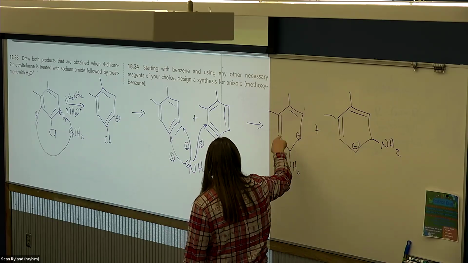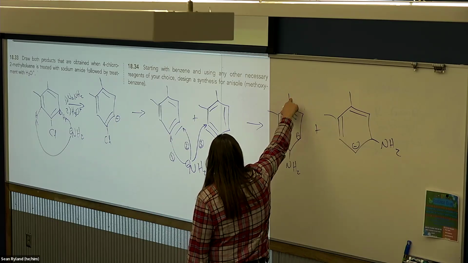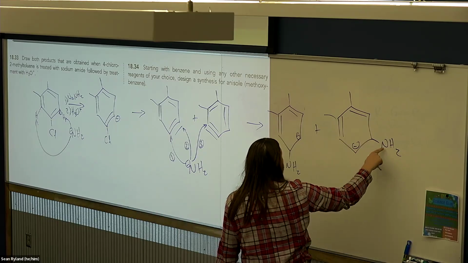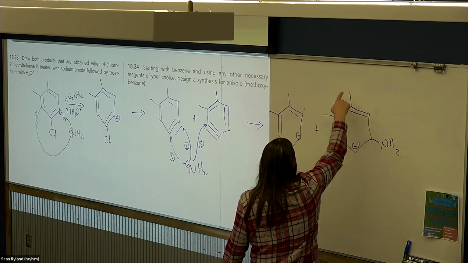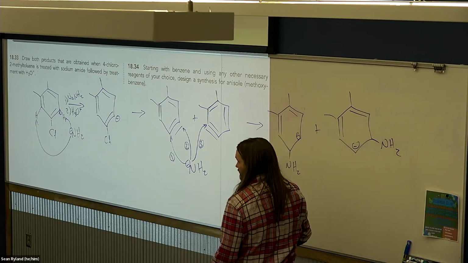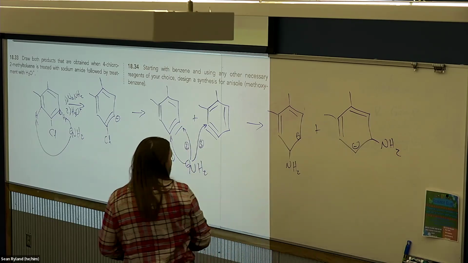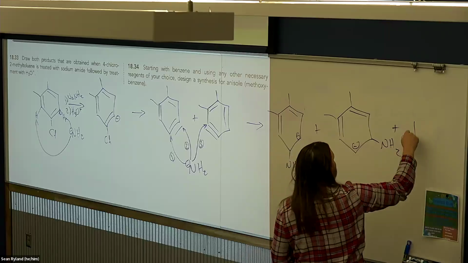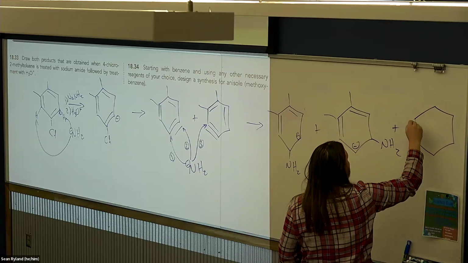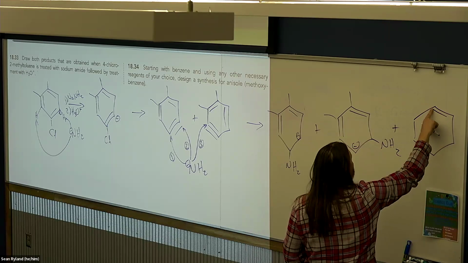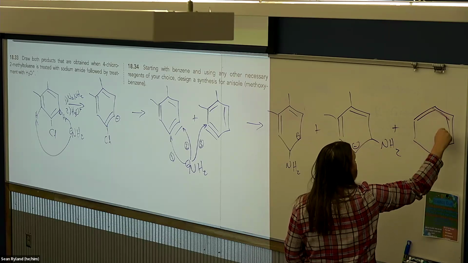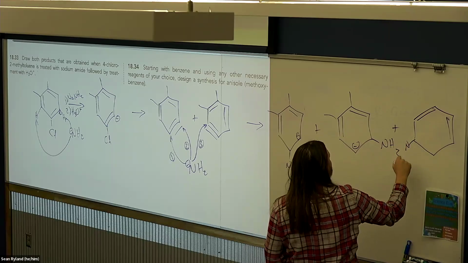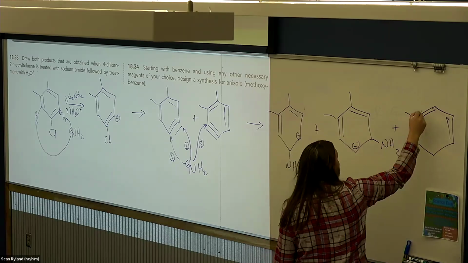Because we put the nitrogen para to one carbon and meta to the other. This nitrogen is still para to one carbon and meta to the other. But we do get one more possibility. We put our nitrogen there.